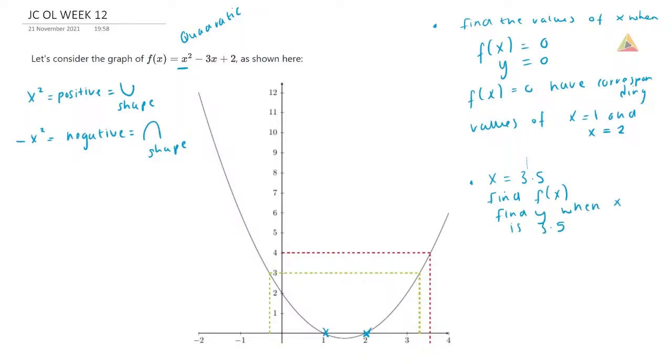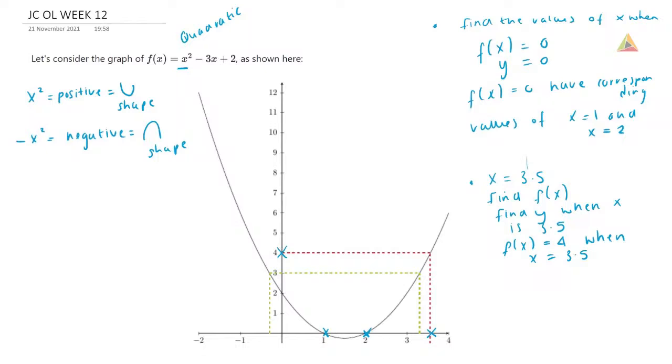We go to the x-axis where it's 3.5, and it's marked in here where the red line is. You go up and see where it hits the graph and come across, and you'll see it corresponds to 4. So you can then write down that f of x is 4 when x is 3.5.